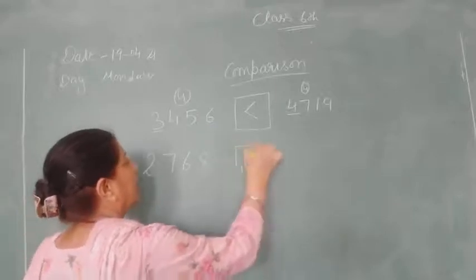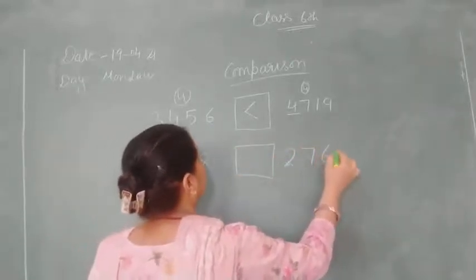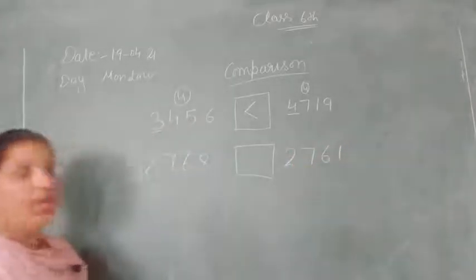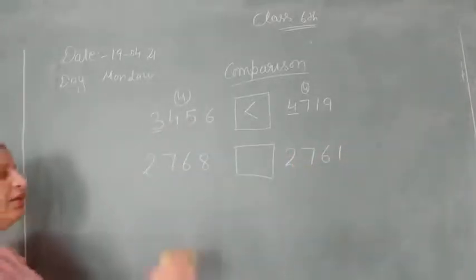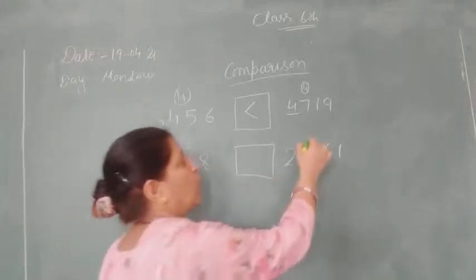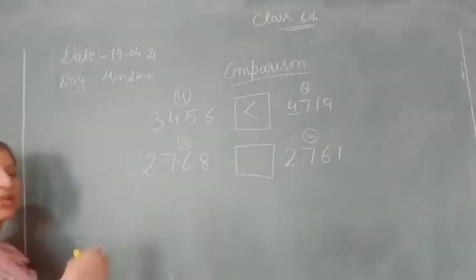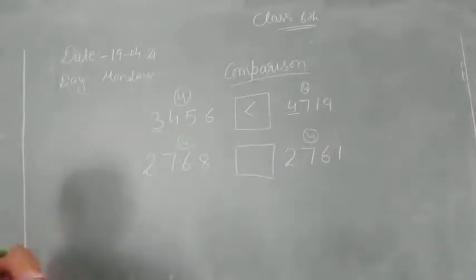2,768 and 2,761. Now again we see that this number has 4 digits and this number also has 4 digits. Now we have to check which number is greater.